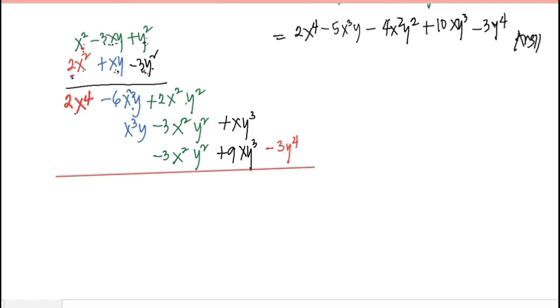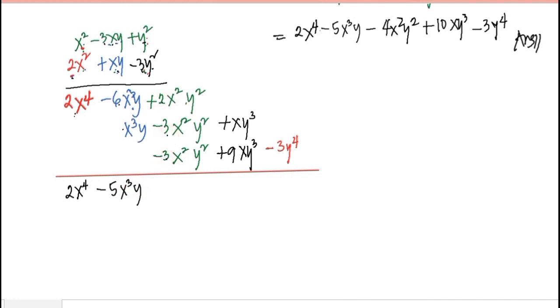So next na gagawin natin ay i-add natin siya. So we would have here 2x to the fourth. Negative 6 plus 1 is negative 5. X cubed y. 2 plus negative 3 is negative 1.